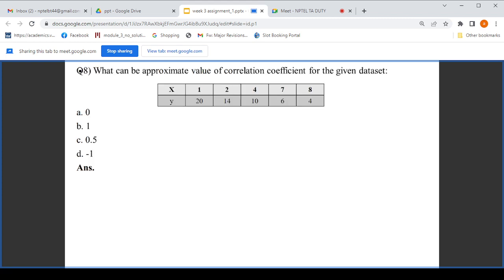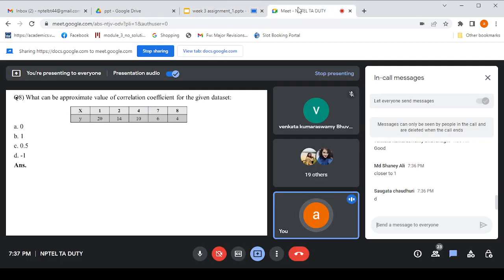So what will be the approximate value of the correlation coefficient in the given data set? Please, I would like to get your answer within 1 minute for this question.